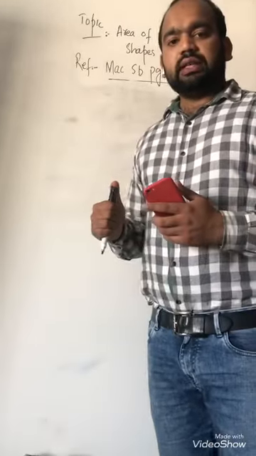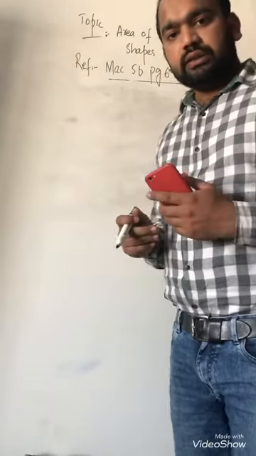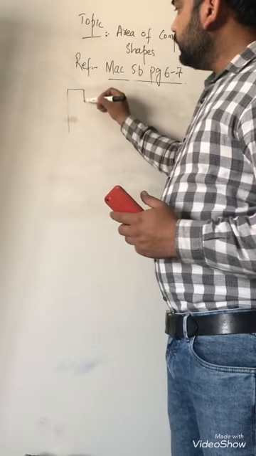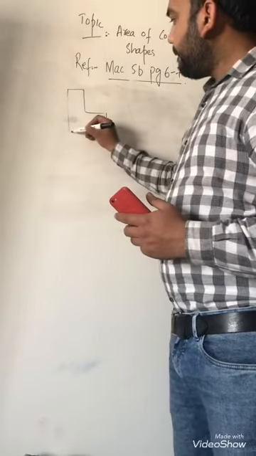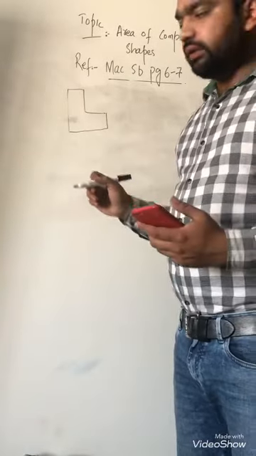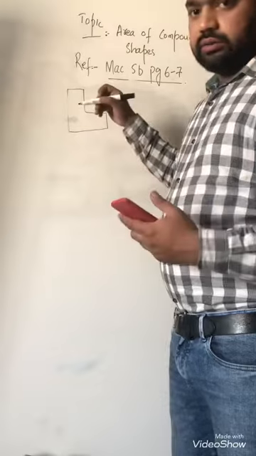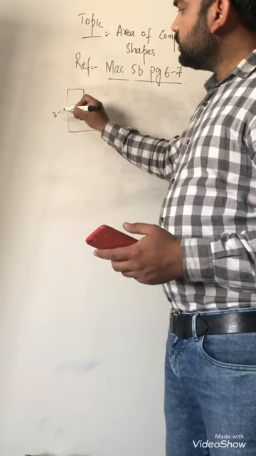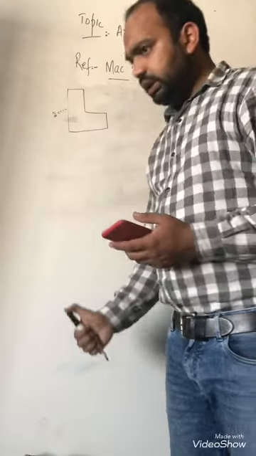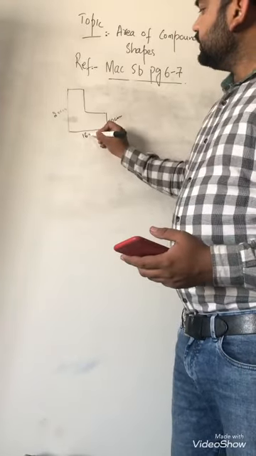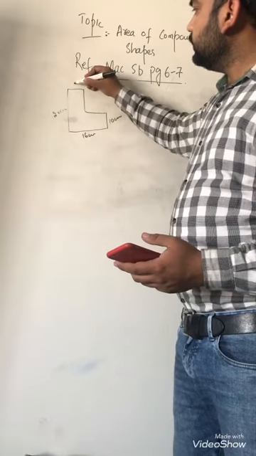Alright students, previously we have done a question in which a compound shape was given and the values of that shape were oppositely given. Like I'll do one question: suppose it's 20 centimeter and it is 10 centimeter and it is 16 centimeter and this one is 9 centimeter.